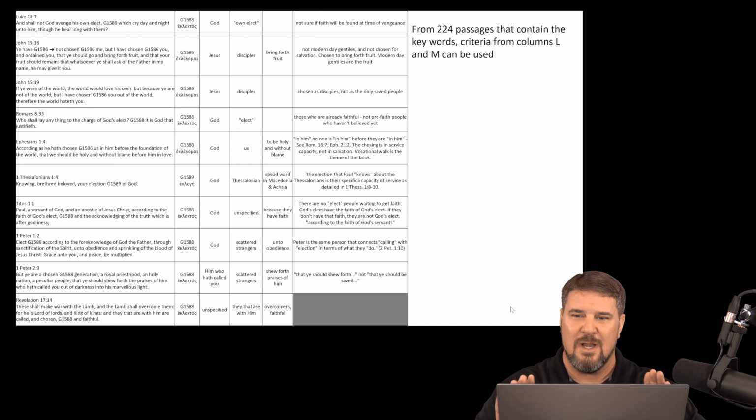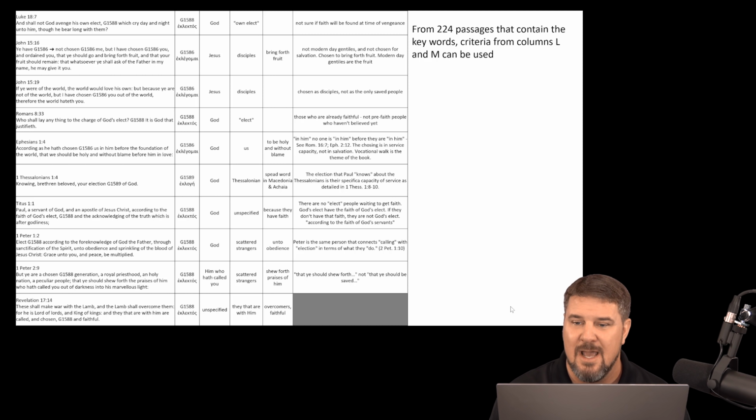So what I did here is I have a screenshot of the Excel spreadsheet, and from 224 passages, that's what the Excel spreadsheet is for, okay? From the 224 passages that contain the keywords, I can go through the criteria from columns L and M that can be used. Who's doing the choosing, who's being chosen, and why are they being chosen?